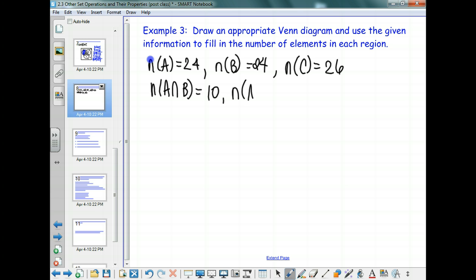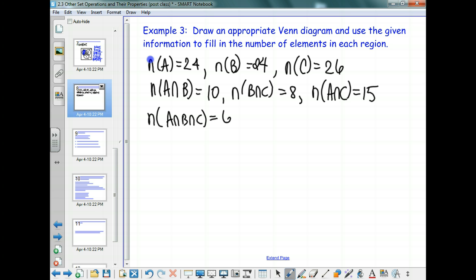The number of items in B intersect C is 8. And the number of items in A intersect C is 15. 2 more pieces. The number of items in A intersect B intersect C is 6. The number of items in the universal set is 15.